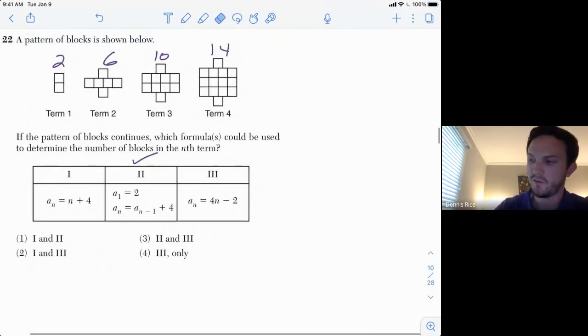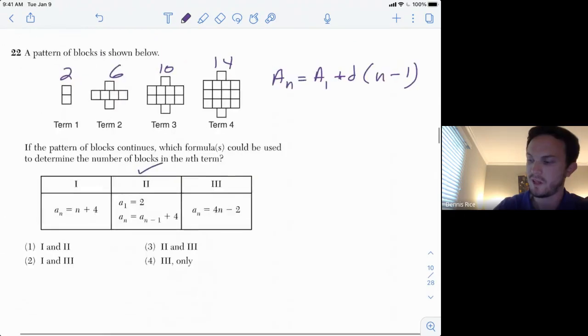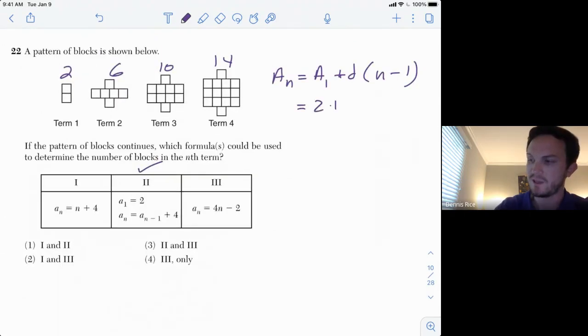The explicit formula for sequences looks like this: a sub n equals a sub 1 plus the common difference times n minus 1. So a sub 1 in this case is just the first term. What's the common difference in this problem? The common difference is what you're adding between consecutive terms. The answer is 4.